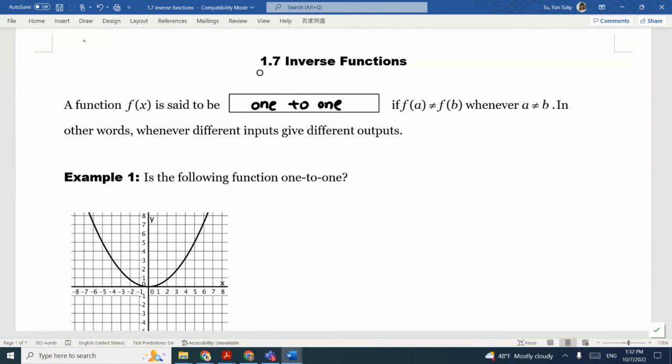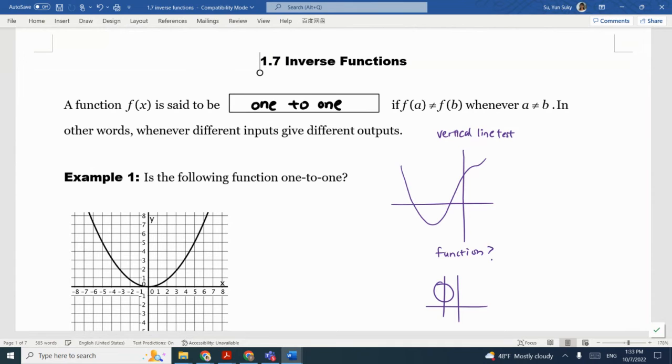Do you remember the vertical line test? The vertical line test helps us to figure out if this is a function, right? If every vertical line intersects the graph at most once, then this is a function. For example, this is a function, but this is not a function.